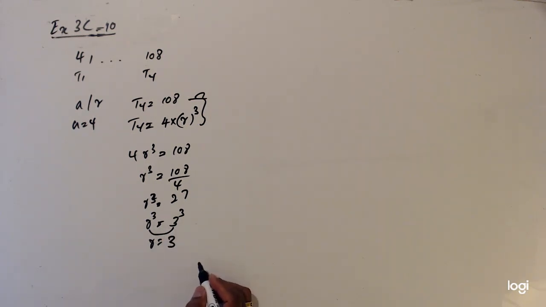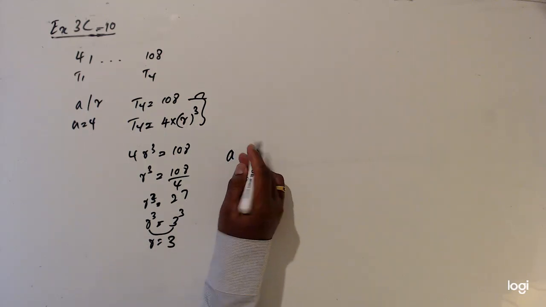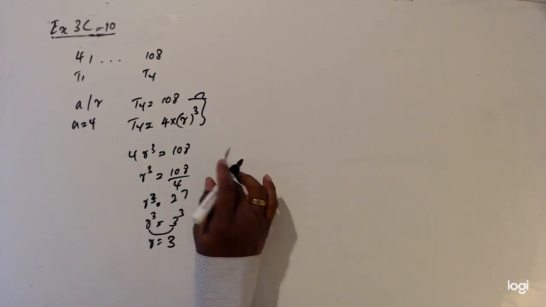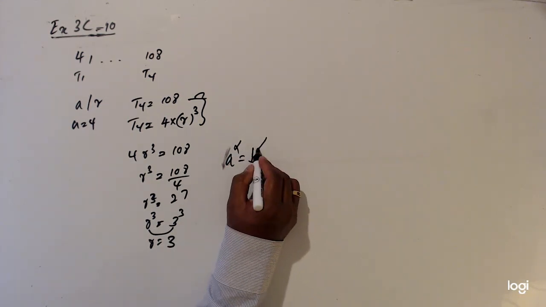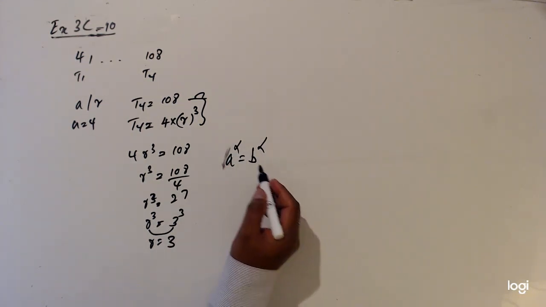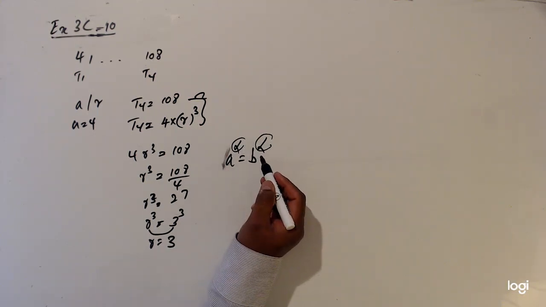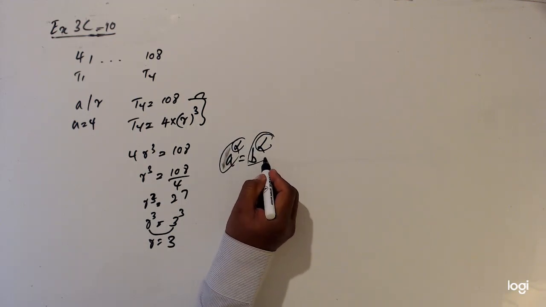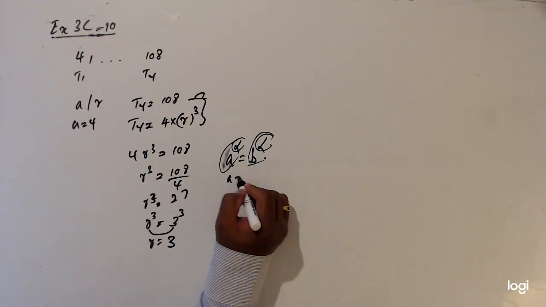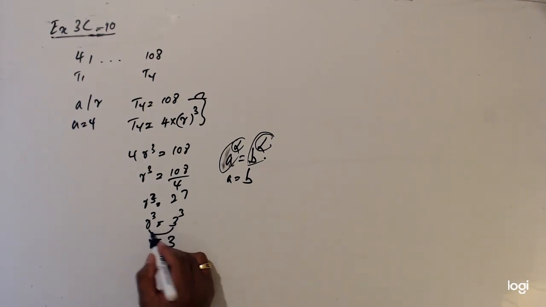This is another theory: if we have a to the power alpha equals b to the power alpha, then since the power is the same, the only way these two terms are equal is if and only if a equals b.